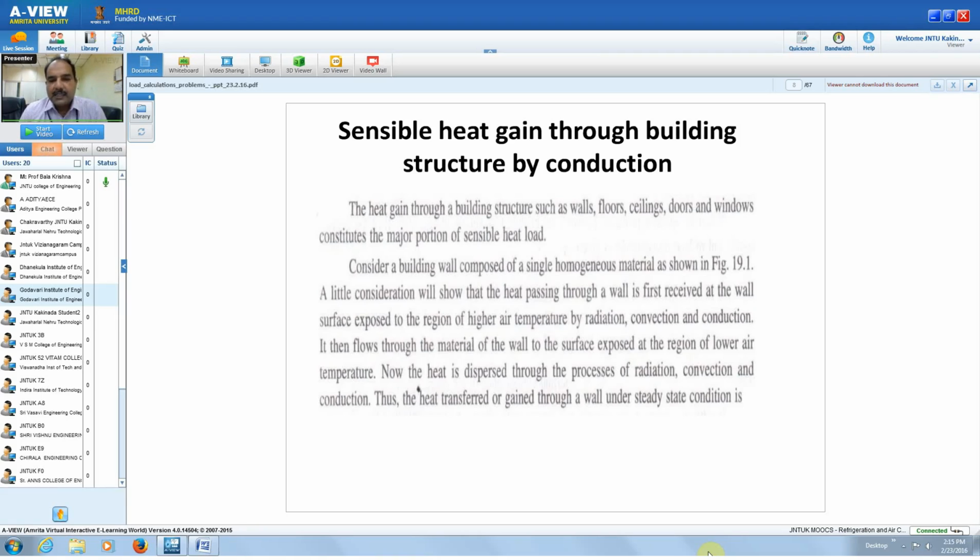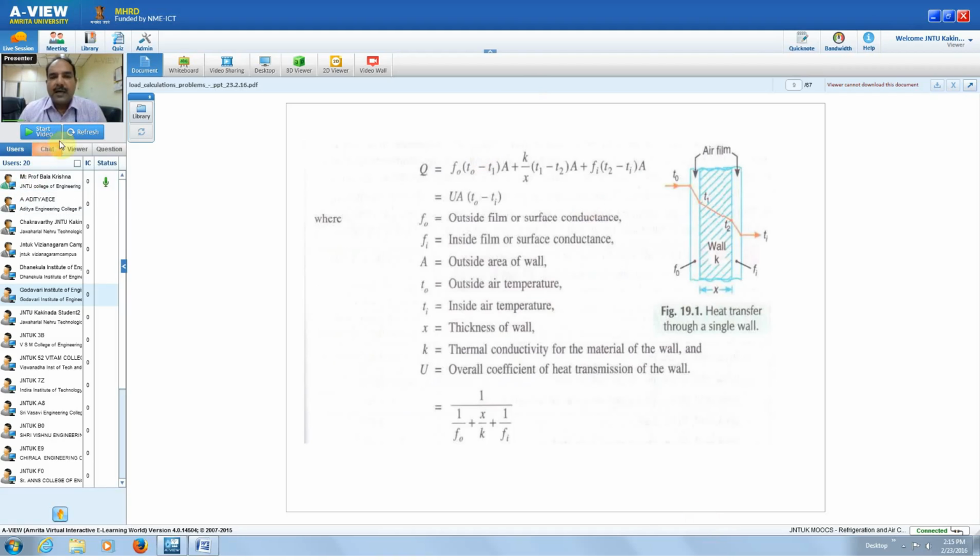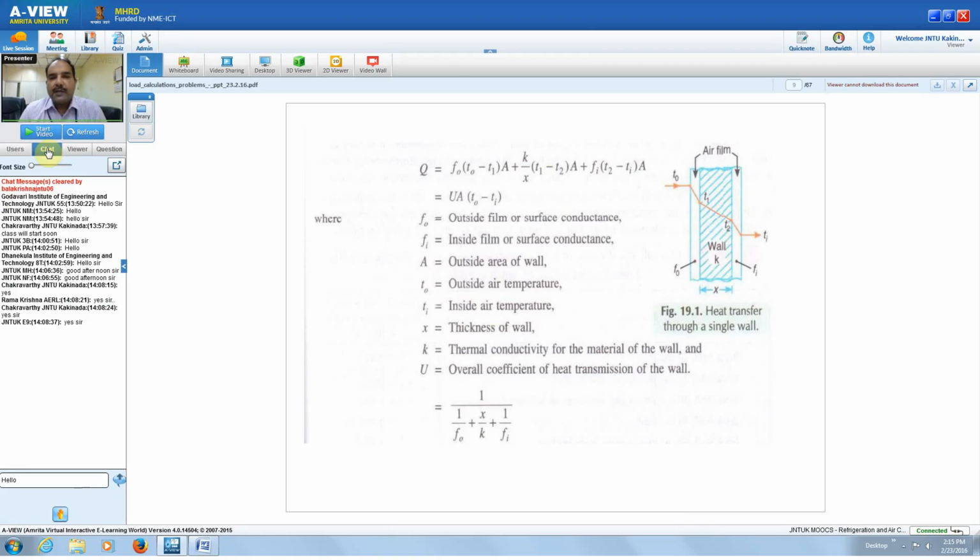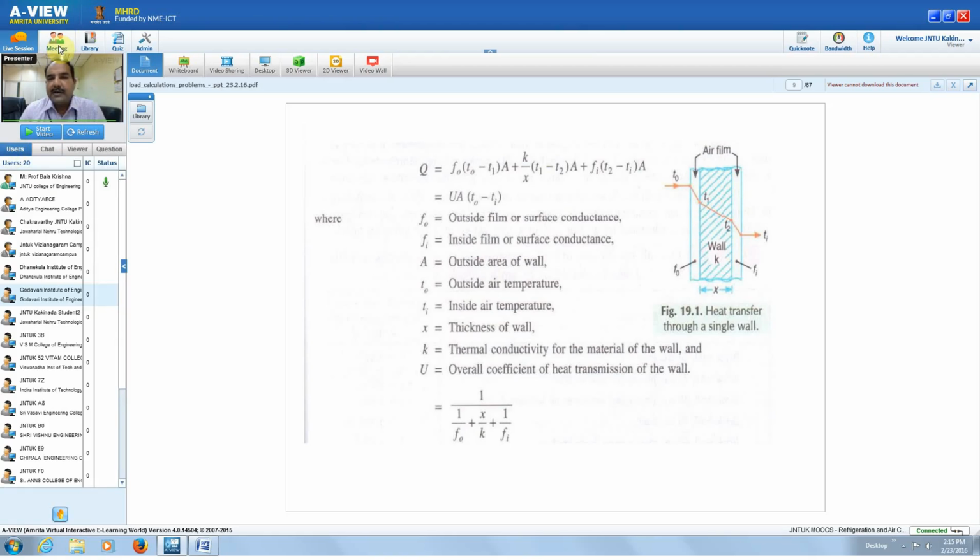Thus, the heat transferred or gained through a wall under steady state conditions is given by the formula: the heat transfer rate Q is equal to U times A times the temperature difference, that is, Q = UA(To - Ti), the outside temperature minus the inside temperature, where 1/U = 1/fo + x/k + 1/fi, fo is the outside film or surface conductance, fi is the inside film or surface conductance, and A is the outside area of the wall.